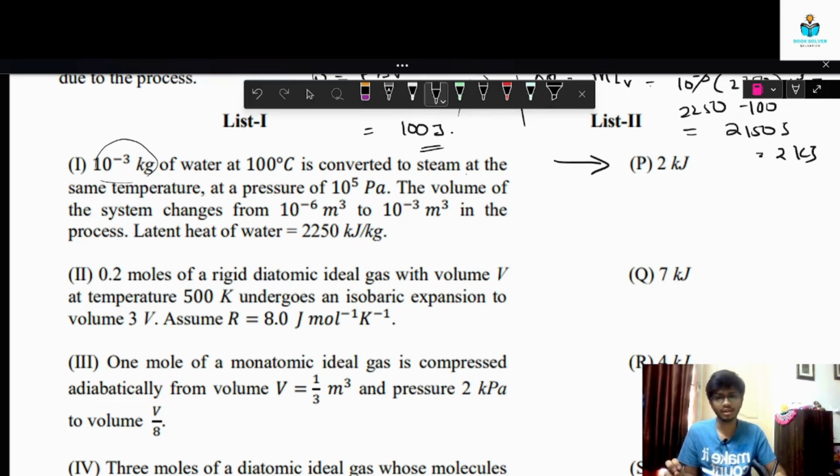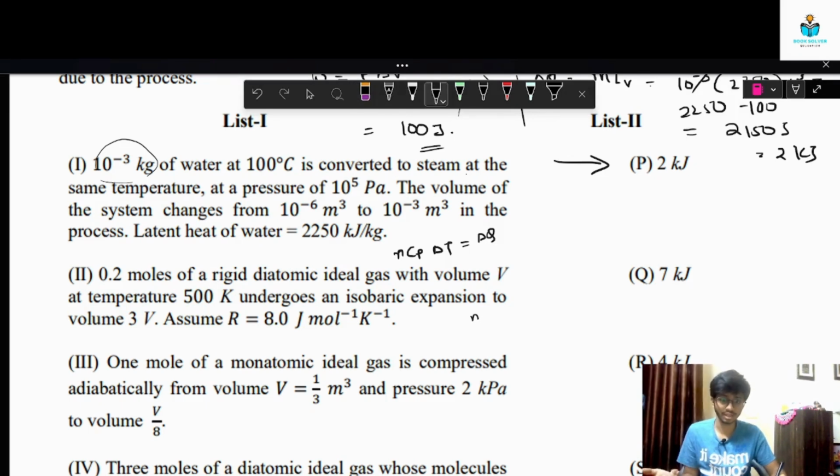What we will do here, we can do this, right? N Cp delta T here, that is the change in internal energy.